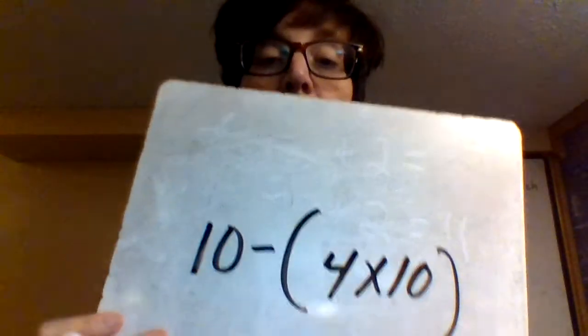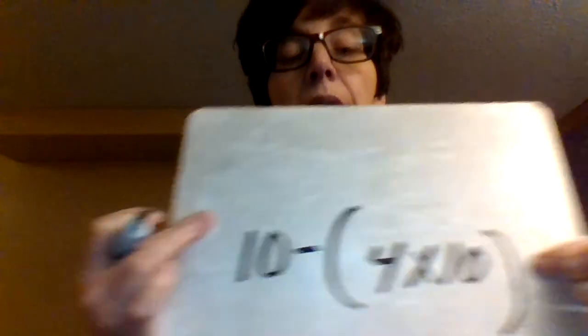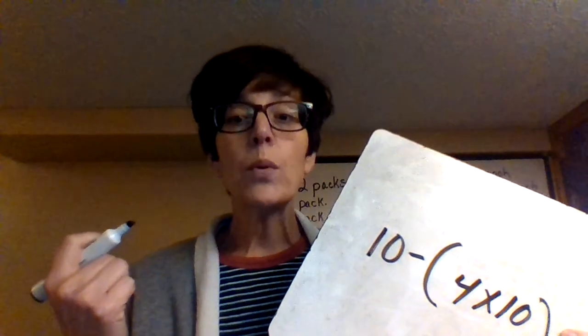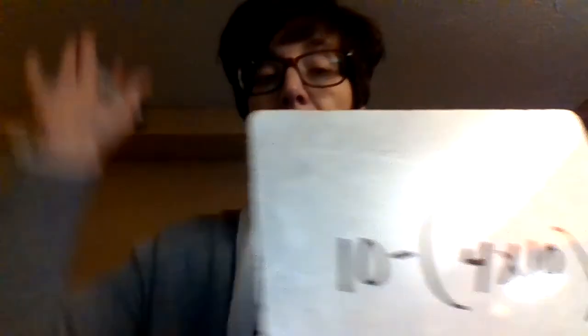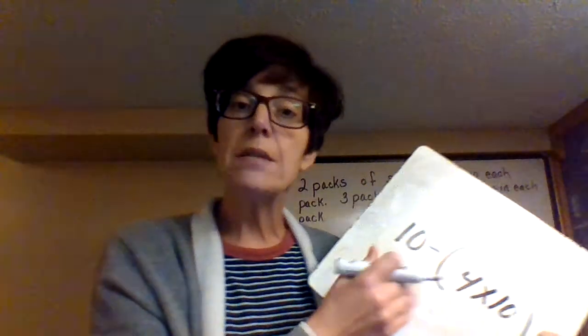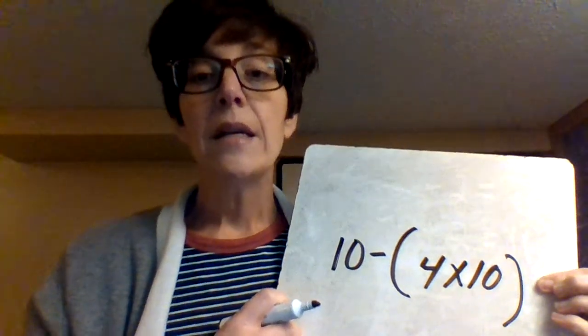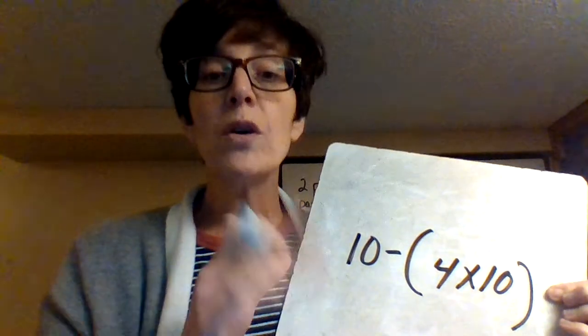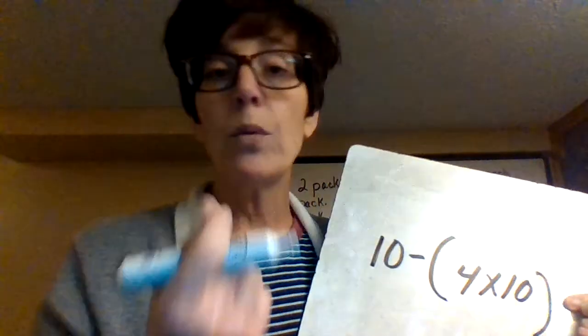So this 4 times 10 takes us back to last week where we did multiples of 10. Parentheses says, hey, you got to do my work first. My work's the most important. So do that 4 times 10. Remember, as we do these, you can pause the video at any time so you can think through this if you can't come up with it real quickly.